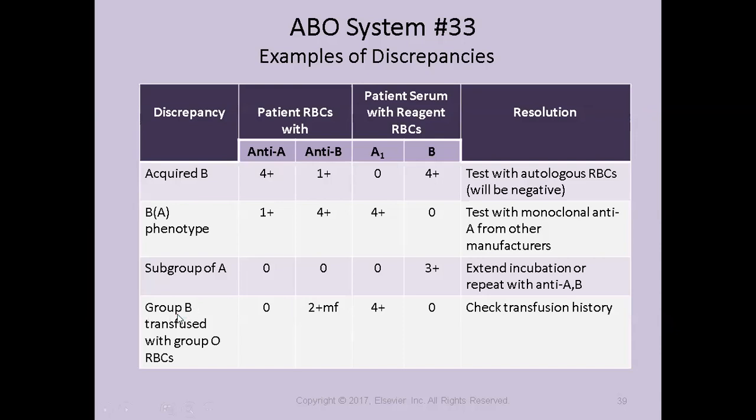So this is someone who's type B. So their B antigen is reacting with the anti-B. However, the donor group O red cells that they were transfused with are also in their circulation. And the O cells are the cells that are not reacting with anti-B because O has no antigen. Okay, so that is basically what's going on there.